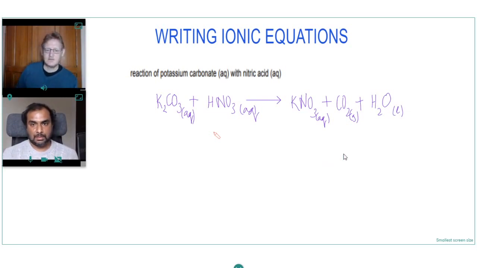Okay. So now to turn this into an ionic equation, we just write out the aqueous ions that are here. So we would have 2 aqueous potassium ions and an aqueous carbonate ion.